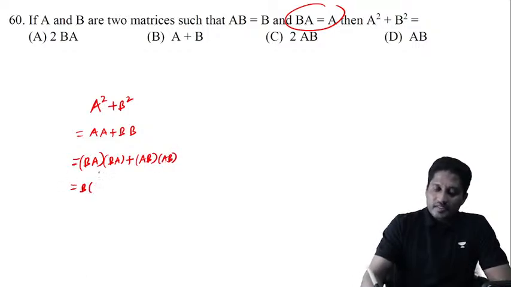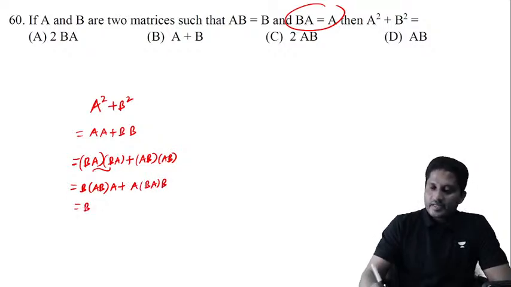This B I'll keep as it is. I'll group this. This is AB into A. This is A into BA into B. Again, this AB is equal to B.